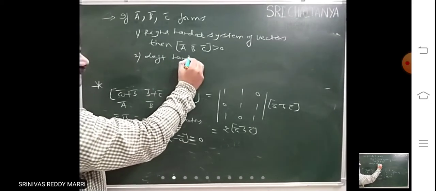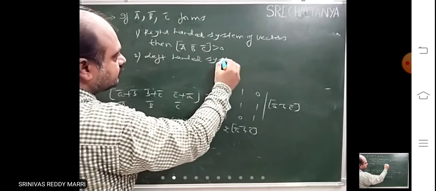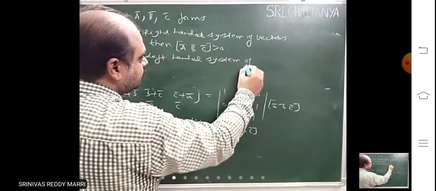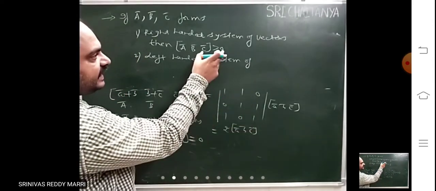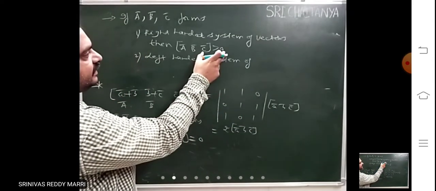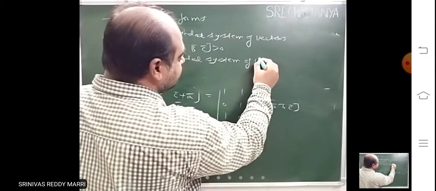Left-handed system of vectors. That means if you find this determinant and it is positive, then they are said to be a right-handed system of vectors.